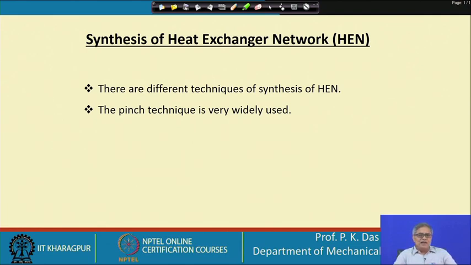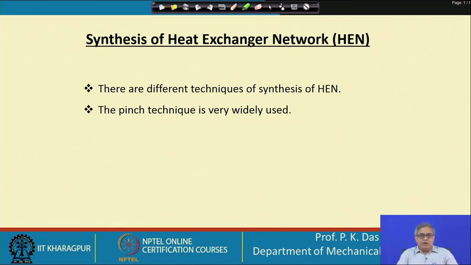The plant is very large and there are many constraints, very conflicting constraints in many cases. Suppose one constraint will have one effect and the other constraint will have almost the reverse kind of effect. So, those situations are there. So, basically we are trying to solve an optimization problem.